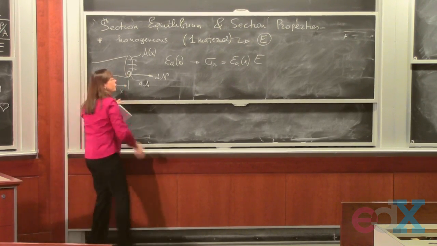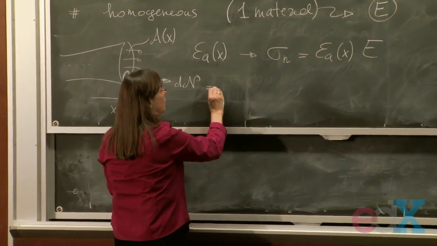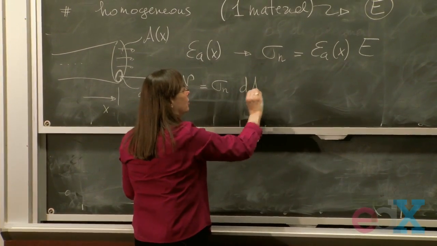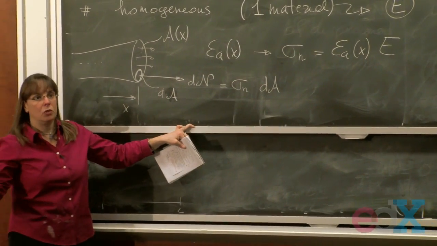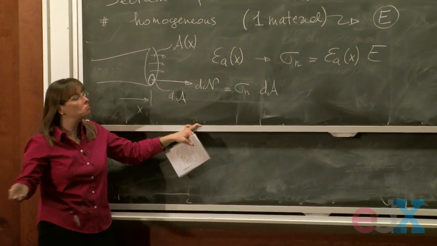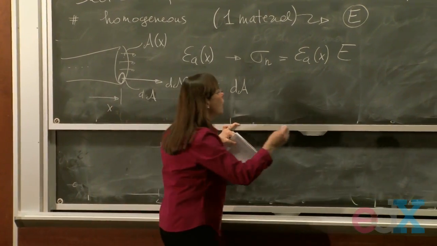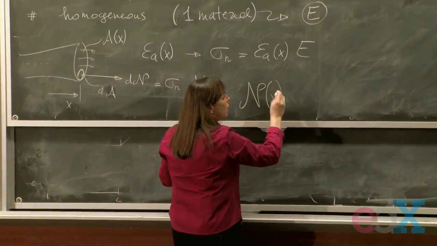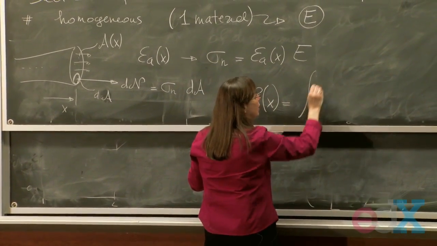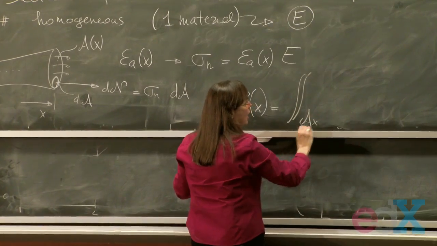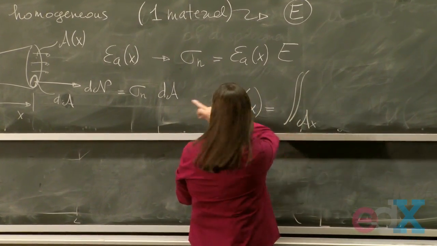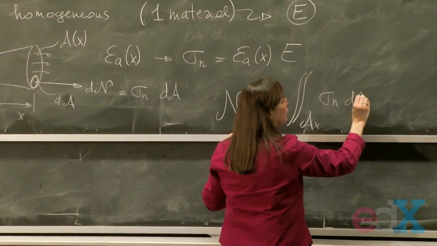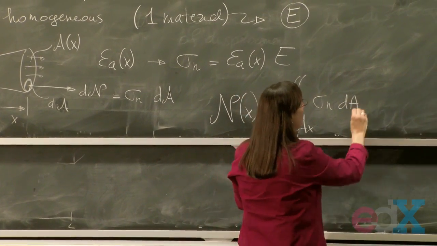How much axial force the little area is carrying is simply equal to the stress multiplied by the little area. Not a big deal, right? Great. So guess what? If I want the whole axial force, what do I need to do? Well, I simply integrate over area A of X the little force, sigma n dA. Okay, I can do that.